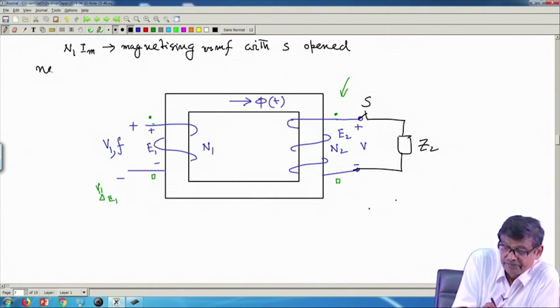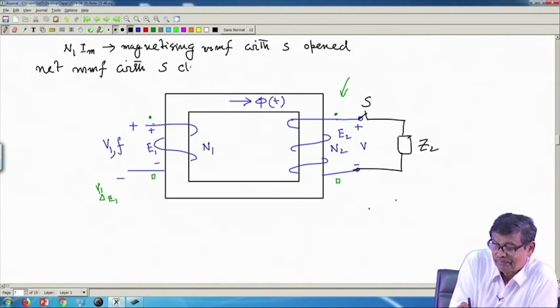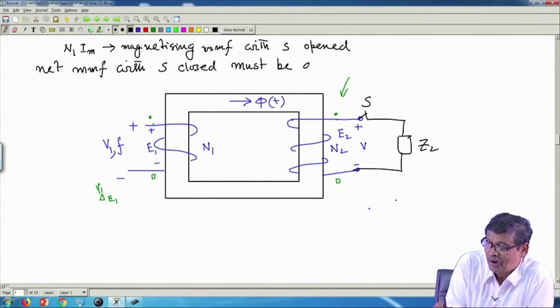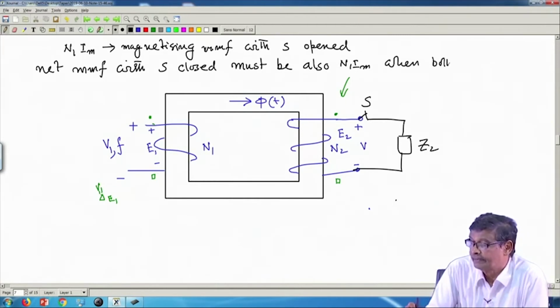Net MMF with S closed must also be N1 into Im when both the coils carry current.